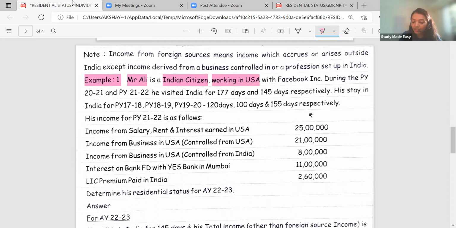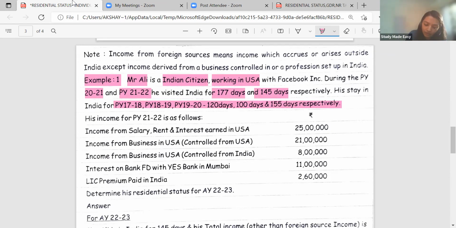Now see, working in the US, he has a business or profession outside India. During the previous years 2021 and 22, he visits India for 177 days and 145 days respectively. He stays in India for the previous years as given like this.